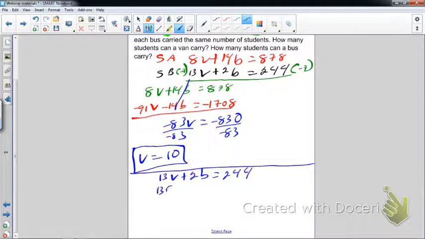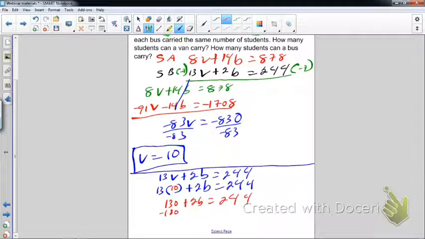So I have 13. I'm going to put a little space there so that I can substitute what I know about how many people were in each van, and we know that there were 10 of them. So I get to multiply now. So I have 130 plus 2b that is equal to 244. I use the subtraction property of equality to solve for this.